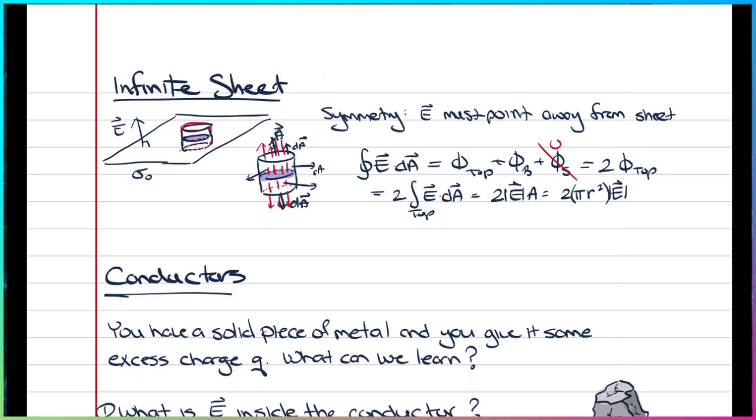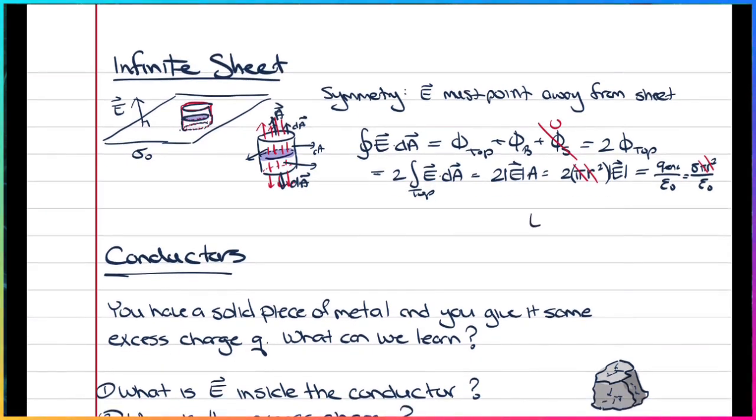And by Gauss's law, that should be equal to the charge enclosed over epsilon naught, which for a 2D charge density is going to be sigma times pi r squared. This is the total charge divided by epsilon naught. And then notice what happens. You got the pi r squareds canceling out.